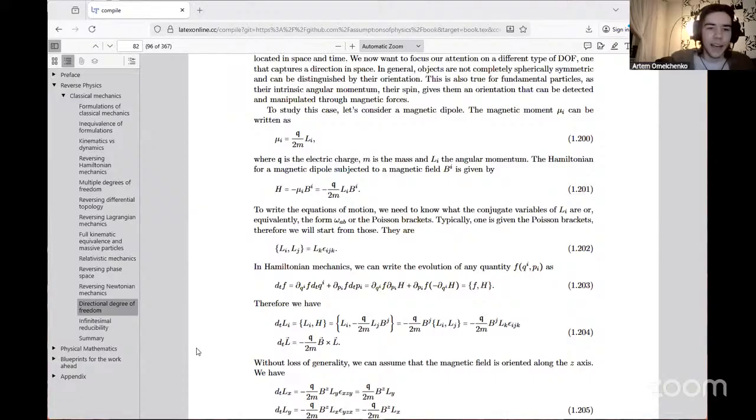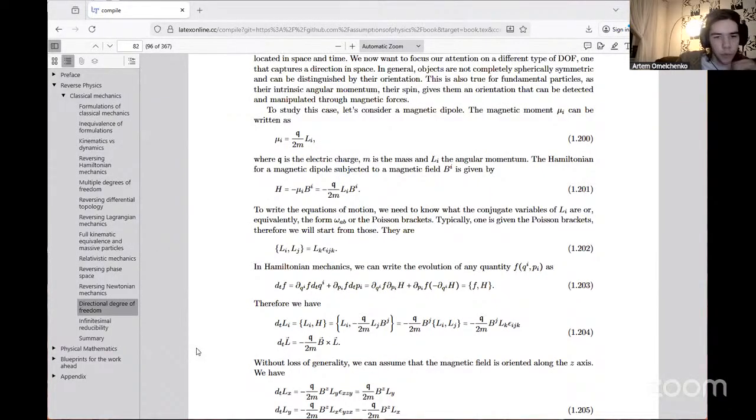To write the equations of motion, we need to know what the conjugate variables of the angular momentum are, or equivalently the form omega AB or the Poisson brackets. Typically, one is given the Poisson brackets, therefore we will start from those.